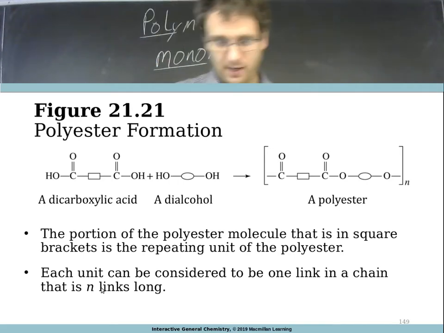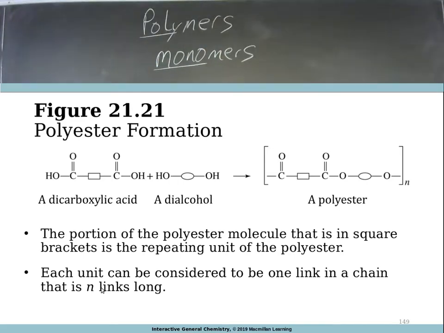So if you look here, what you have as your starting materials when you want to form a polyester is a dicarboxylic acid and a dialcohol. So the carboxylic acid can be as long as you like, and you'll get different properties depending on how long you have the carbon chain between the two carboxylic acids, but at either end it's got carboxylic acid.